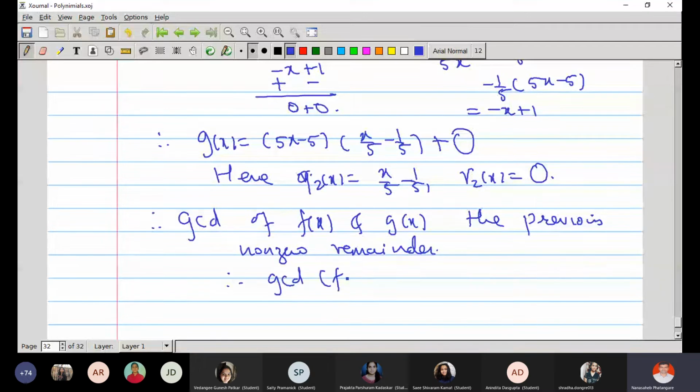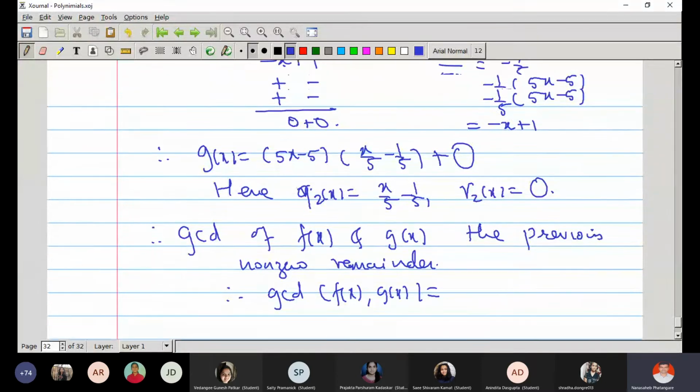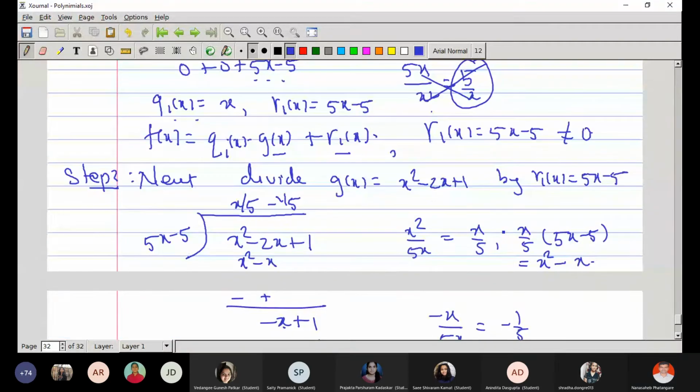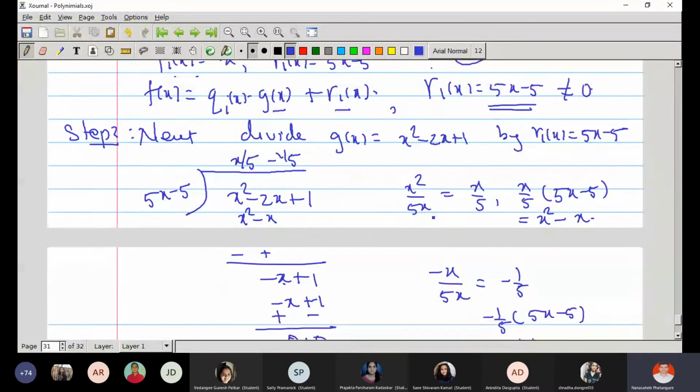In the previous step remainder was this, and in the immediately next step remainder is 0. So this is GCD, 5x minus 5. Okay, so the algorithm is clear, no doubt in the algorithm.